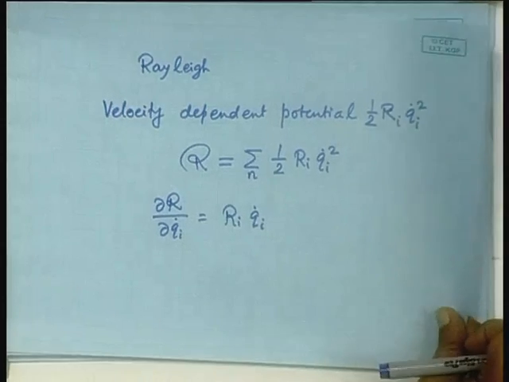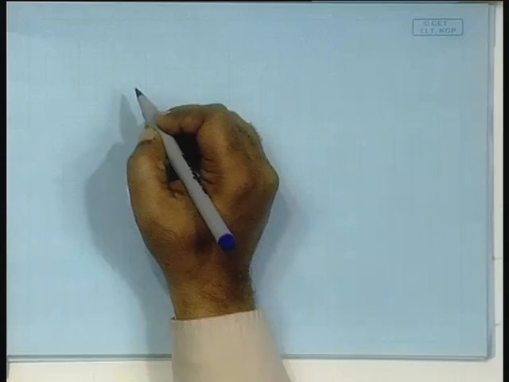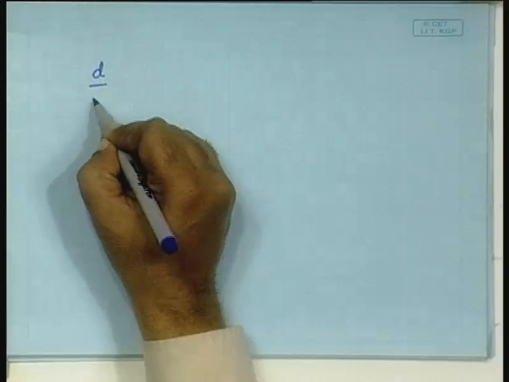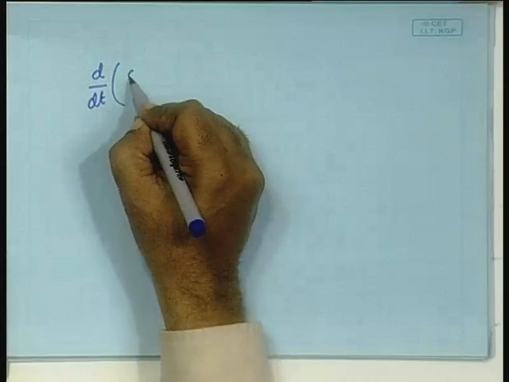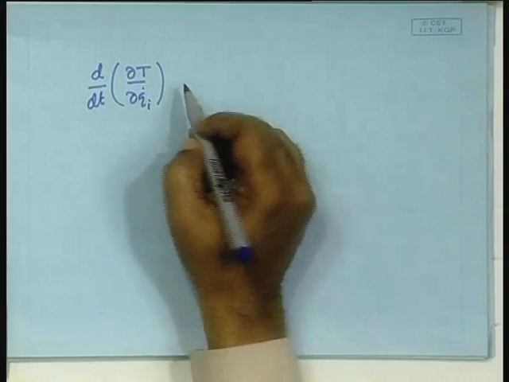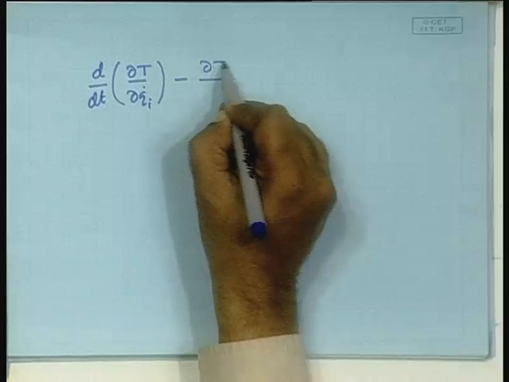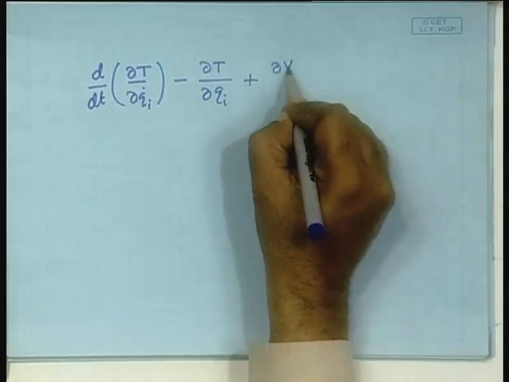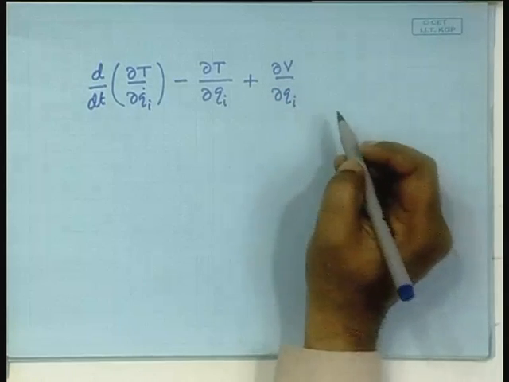Now, recall how we proceeded to obtain the Lagrangian function. At some stage, if you go back to the page where I was deriving the equation, there was one stage where you have d/dt of the partial derivative of T with respect to q_i dot, minus the partial derivative of T with respect to q_i, plus the partial derivative of V with respect to q_i.